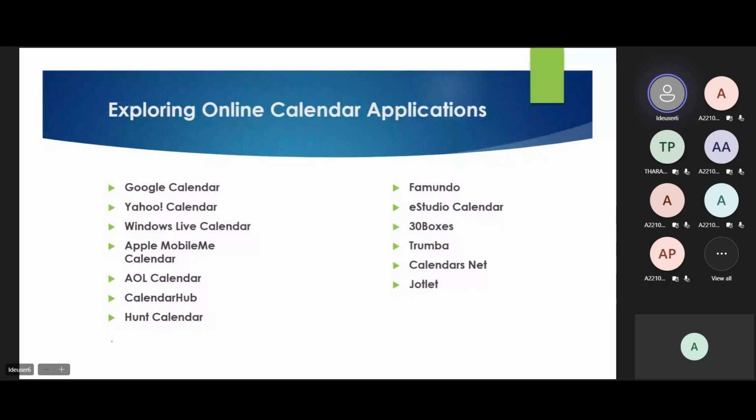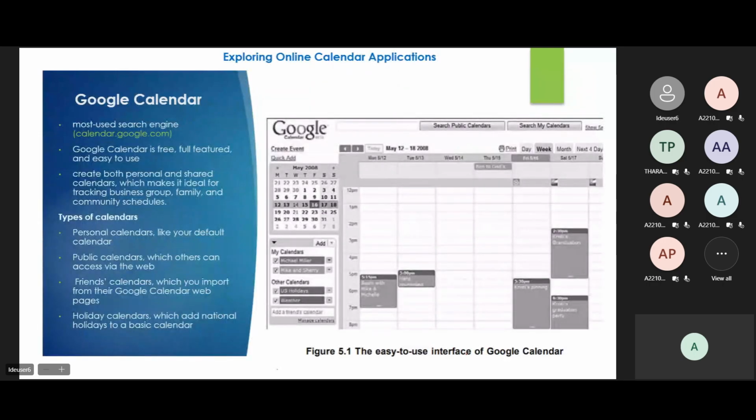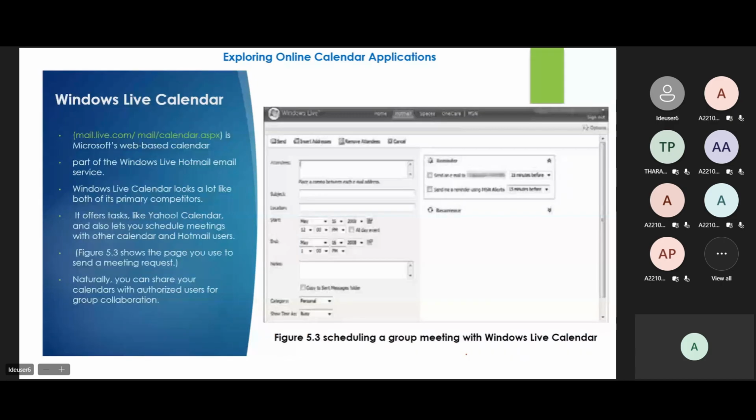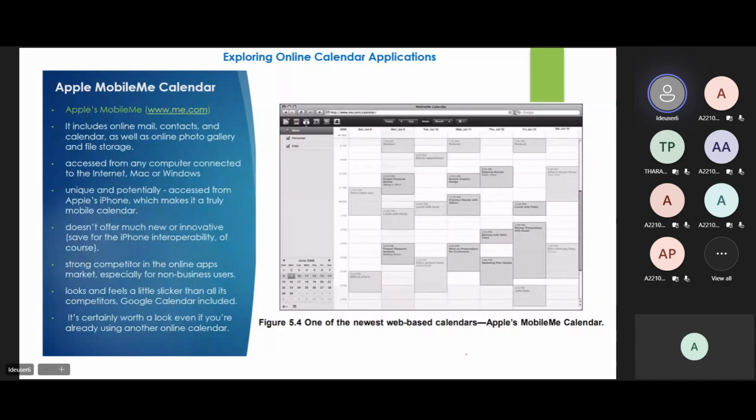Others are small business companies that provide you these types of cloud calendar services: AOL Calendar, CalendarHub, Hunt Calendar, Commando, eStudio Calendar, 30 Boxes, Trumba, Calendars.net, and Jotlet.